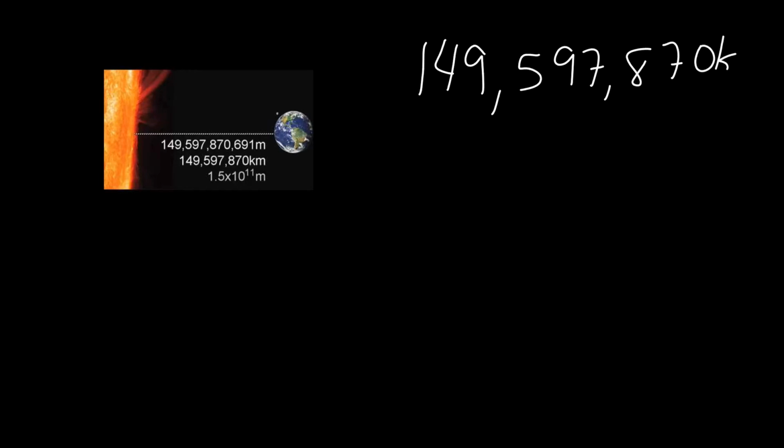So what we're going to do is take the average distance between the Earth and the sun, because it's going to be about the same distance between the moon and the sun also, because the moon goes around the Earth. So what we'll use is this number, 149,597,870 kilometers.